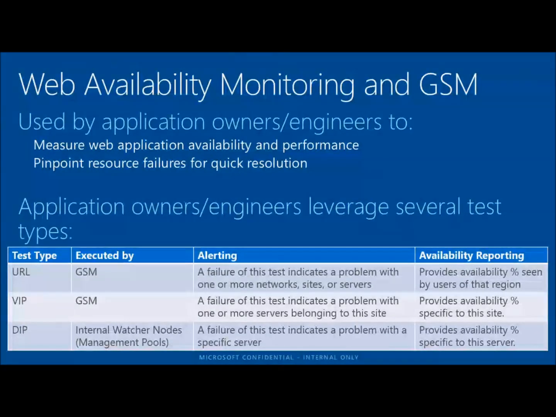These are typically executed by an external source, and so we'd look to replicate these with GSM. They run a virtual IP test, and this we'd also look to replicate with GSM. Then they also run something internal, which is a dedicated IP test, which allows them to pinpoint failures to specific web servers. And these aren't accessible from external to the network, so these are things that we would run using Operations Manager from inside the network, from inside Watcher nodes, either a management server or an agent.